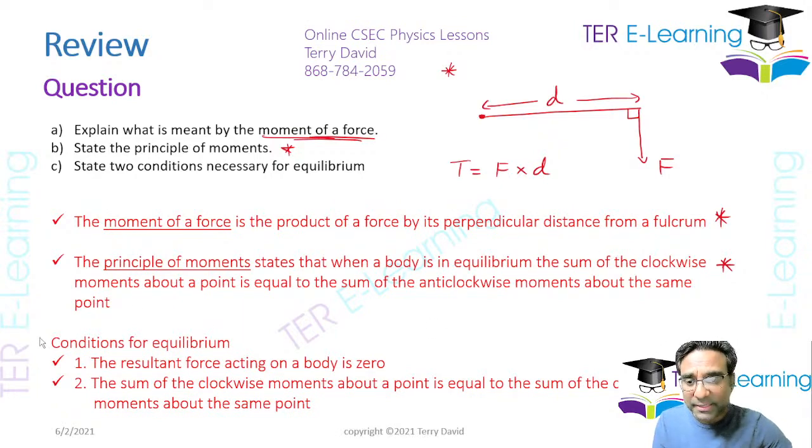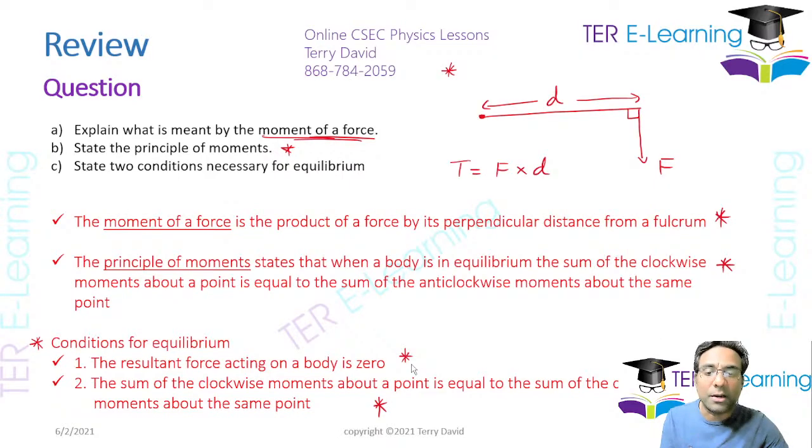The next thing, sometimes CXC asks you, what are the conditions for equilibrium? Now, when we say an object is in equilibrium, that means that the resultant force acting on this object or this body is zero. So that's my first condition. The second condition for equilibrium is essentially the principle of moments.